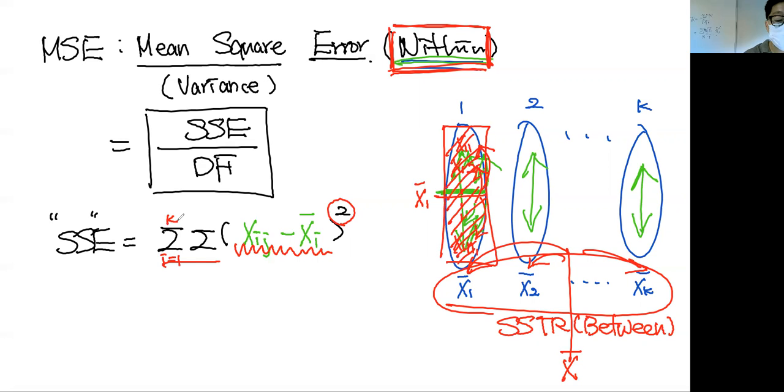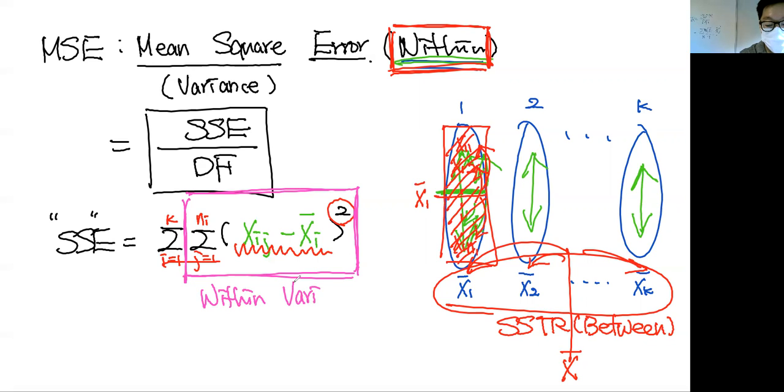Absolutely, the inner summation, the index is J from 1 to Ni. So now I can say this one is the within variation. And just to sum up, the within variation. Okay, so it will be SSE.